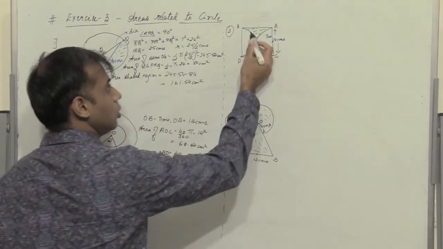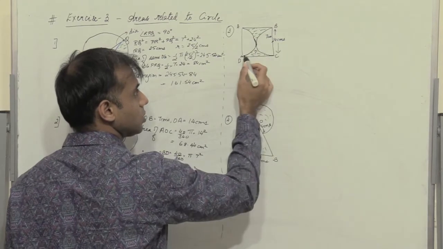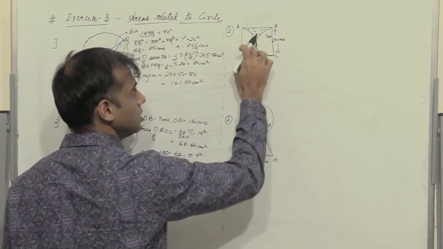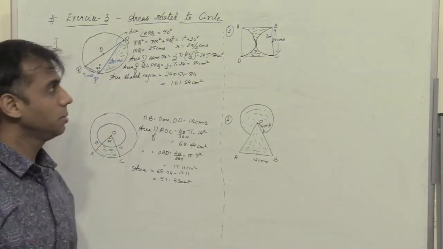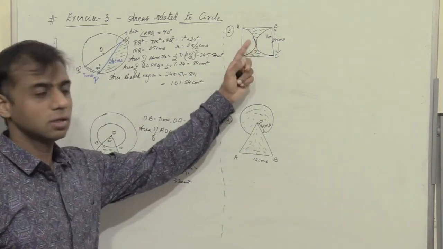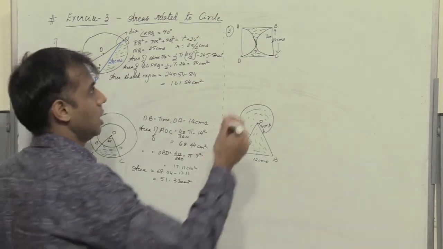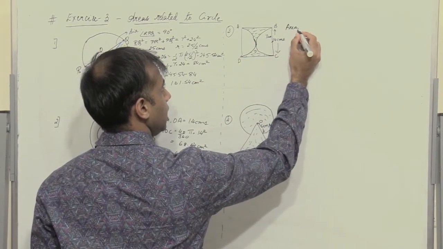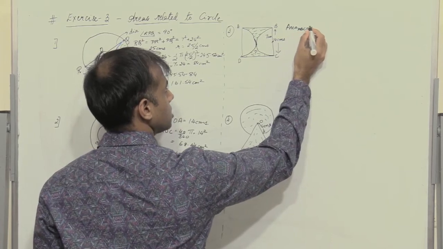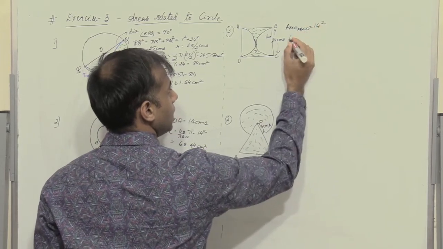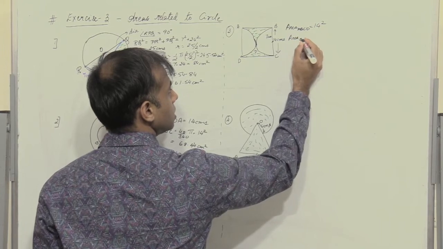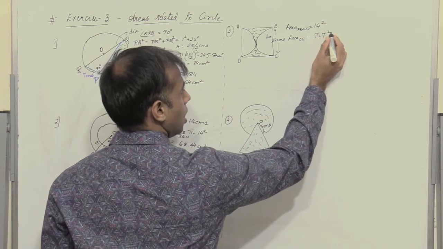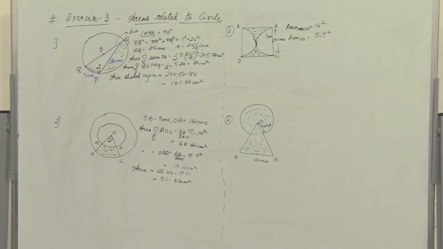So to find the area of this shaded region, you find the area of the square minus area of the circle. This is half a circle, this is another half circle. So combined, it becomes the area of the circle of radius 7. So therefore, area of the square ABCD is 14 square and area of the circle is nothing but pi into r square, which is 7 square.